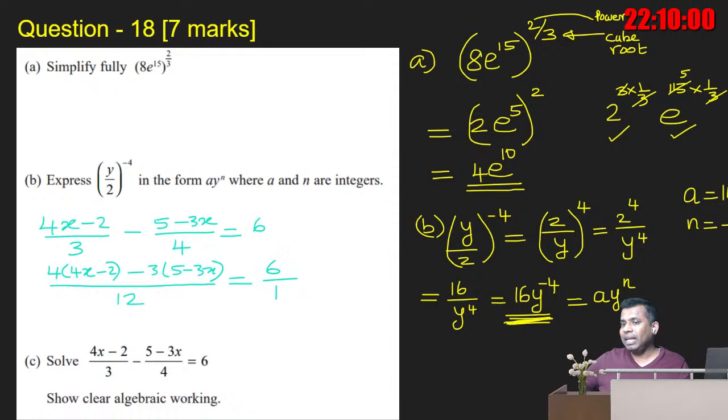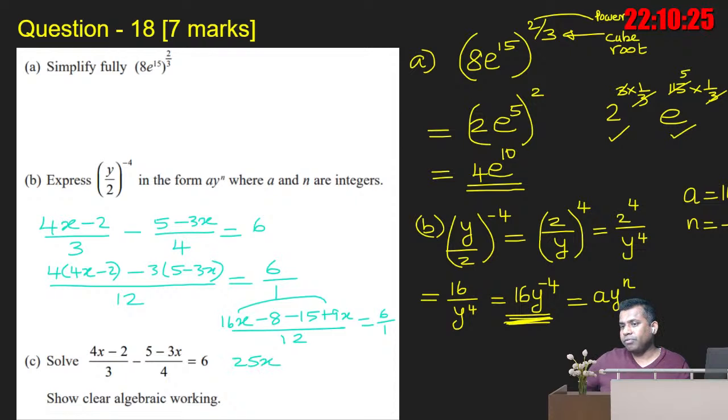So now expanding the brackets, right? So 4 times 4 is 16x minus 8 minus 15 plus 9x over 12 equals 6 over 1. If you cross multiply, you get 16x plus 9x is 25x.